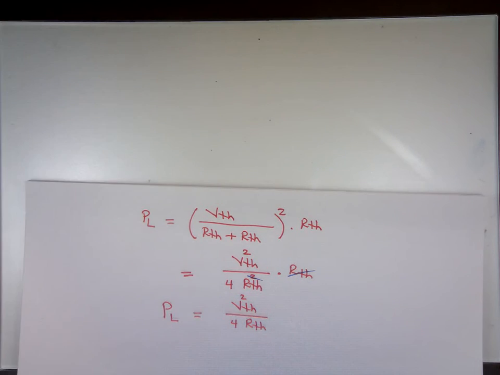Now let's take an example. I started that ugly problem early, throwing all the stuff there, and I don't want to give you numbers to it. So let me put in some numbers here now. There we go.